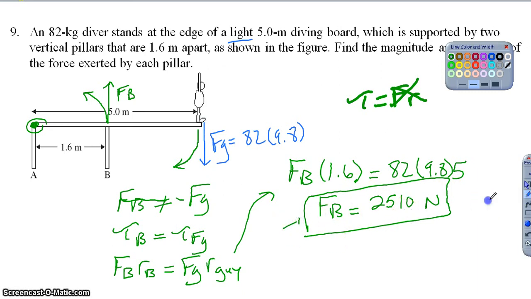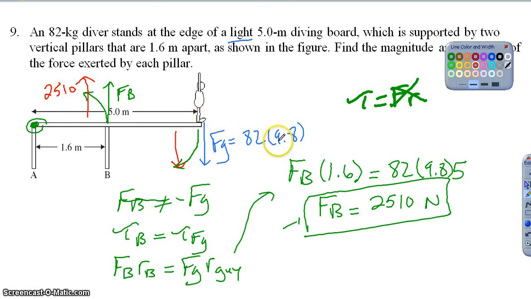And you might be saying, well, do I have to do torque again to find the force at pillar A? The good news is no, we don't, because if we just take a step back and look at our forces instead of worrying about torque, I know that force B is pushing up, and I know that the force of gravity of the diver is pushing down. Force B is pushing up with 2,510 newtons.